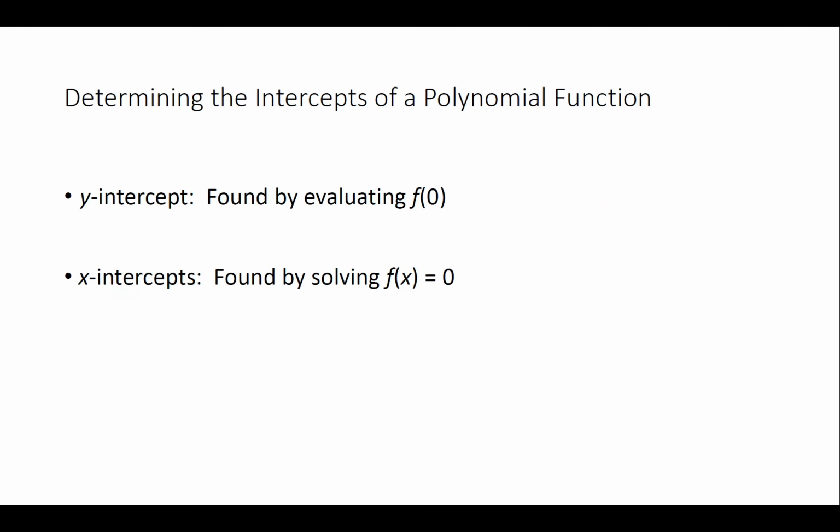Okay, and while plotting the graph of a polynomial function, it's always helpful to find the y-intercept and x-intercept. They give you the points where a graph passes through the x-axis and y-axis. You can find the y-intercept by putting x equal to 0 in the polynomial function, and you can find the x-intercept by equating the function to 0 and solving for x.